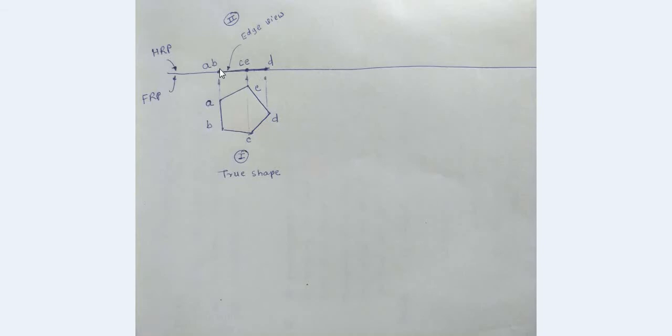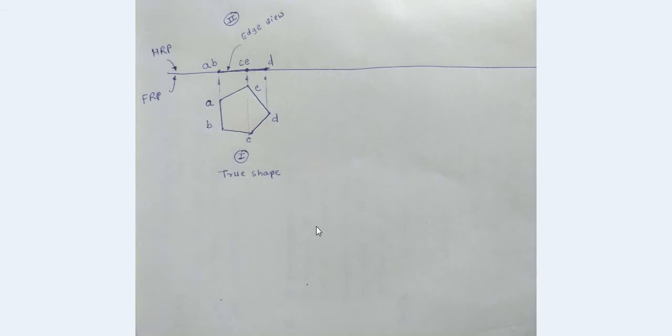And this line connecting all these front views in the form of a straight line would be our edge view. So the first step of our solution is drawing true shape of a plane with correct orientation in top view and in front view, obtaining edge view on the HRP.